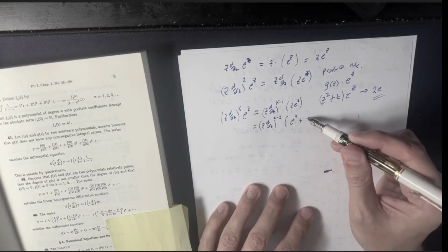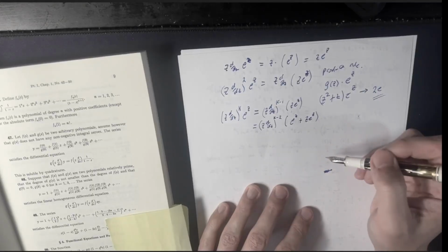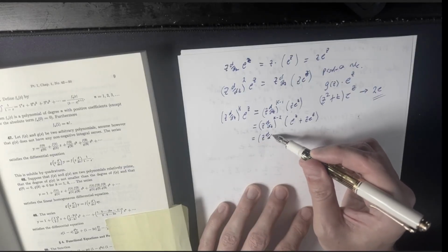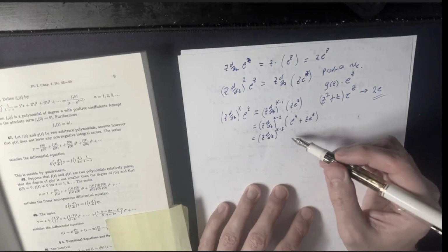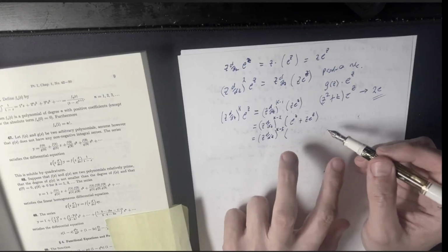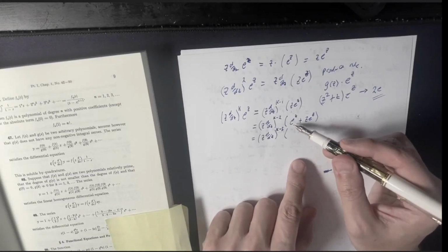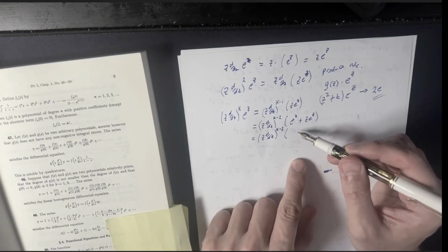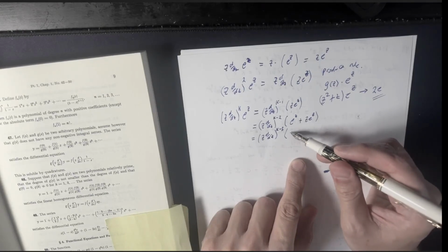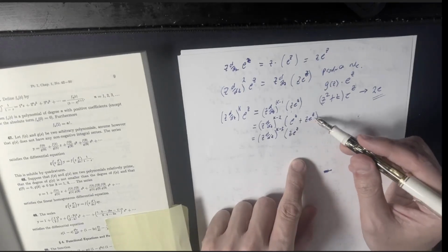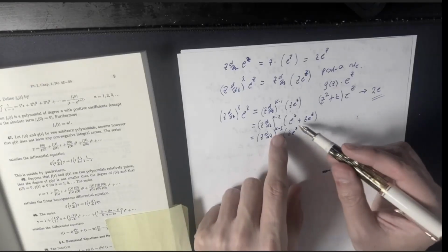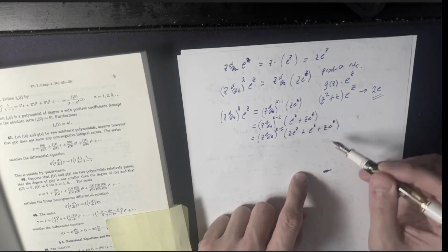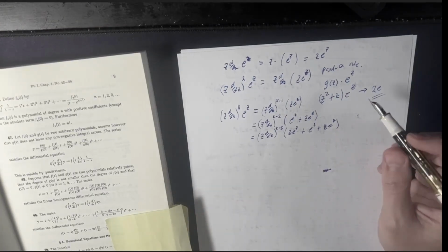So you're getting this. We do it again, you're going to get this. On its own, this one term gives you z e to the z as a result. This one, you sort of need to use the product rule, and it gives you this whole thing back. So we're getting 2z e to the z plus e to the z.